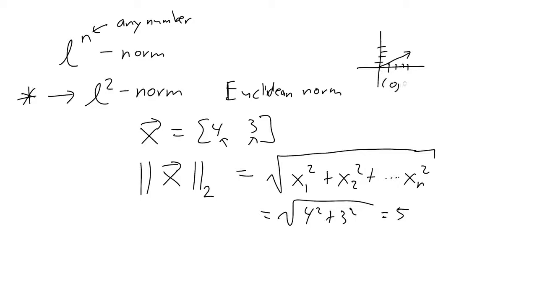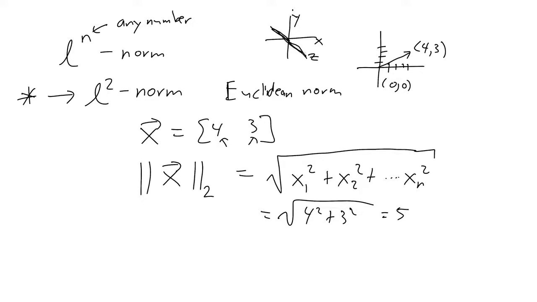If I'm going to go from the point 0, 0 to the point 4, 3, what's the distance in space of that thing? Now, it may not be obvious to you that that would also work in 3 dimensions, but it does. If I have a 3-dimensional thing here, it already gets weird. I've got my x-axis going left and right, my y-axis going up and down, and then my z-axis, which is kind of coming out of the screen.